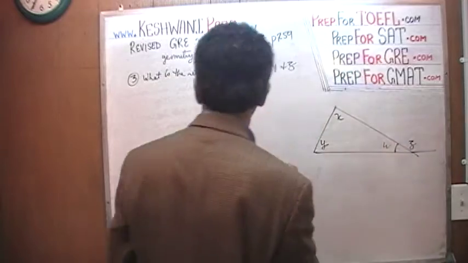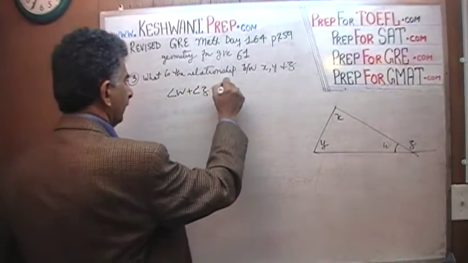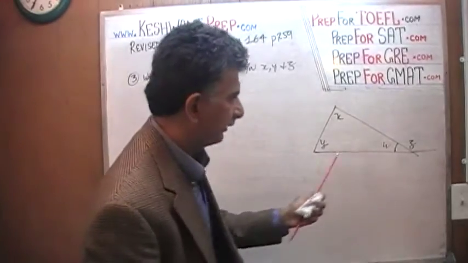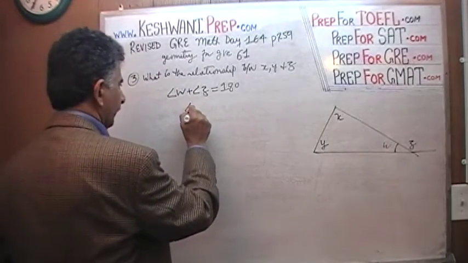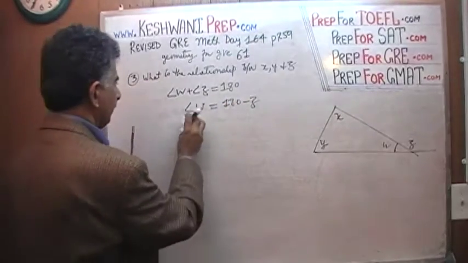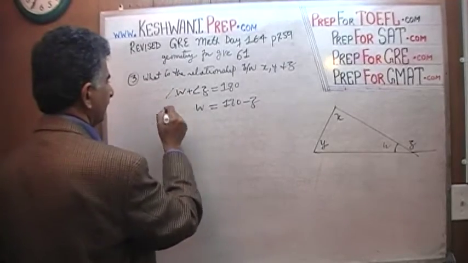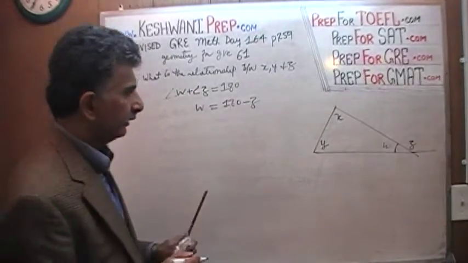So we know that angle w plus angle z is 180 because they are sitting on a straight line, which means angle w must equal 180 minus z. Let's put it there.